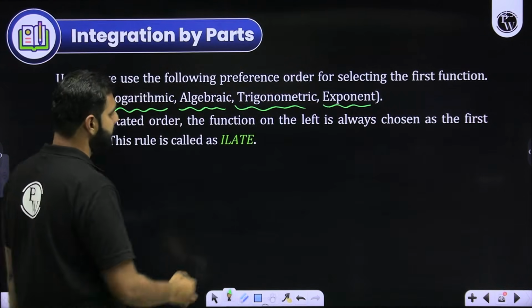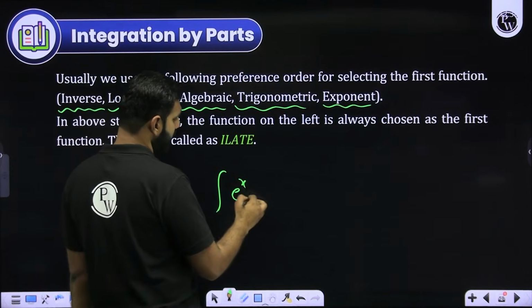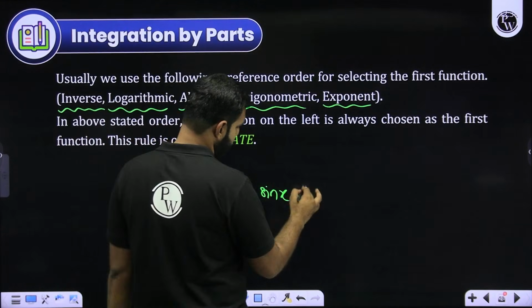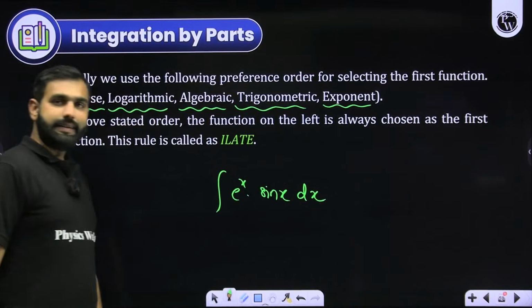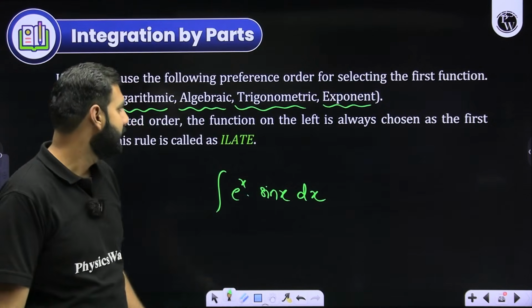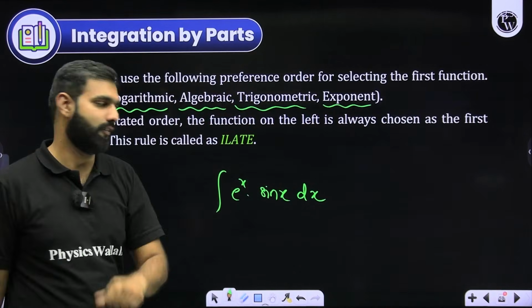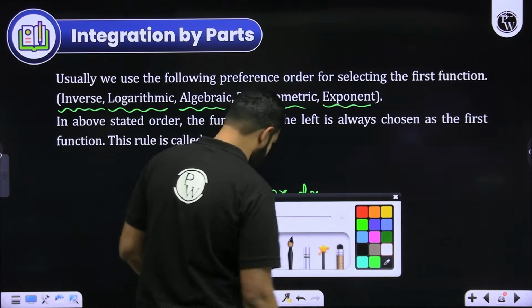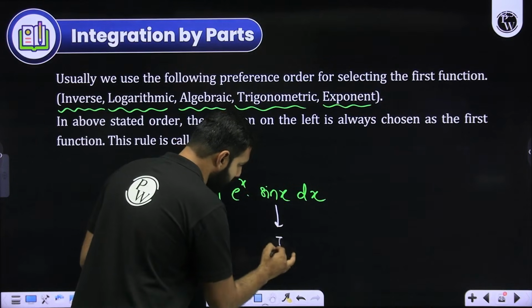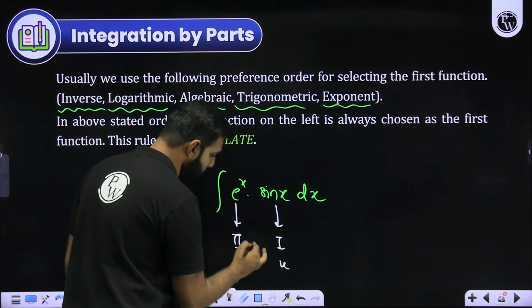For example, let's say integration of e to the power x into sin x is needed to be done. Then it has an exponential function and it has a trigonometric function. So between trigonometric and exponential function, I'll give priority to the trigonometric function, which means this trigonometric function will be treated as the first function, and this will be chosen as the second function. So this becomes u and this becomes v.